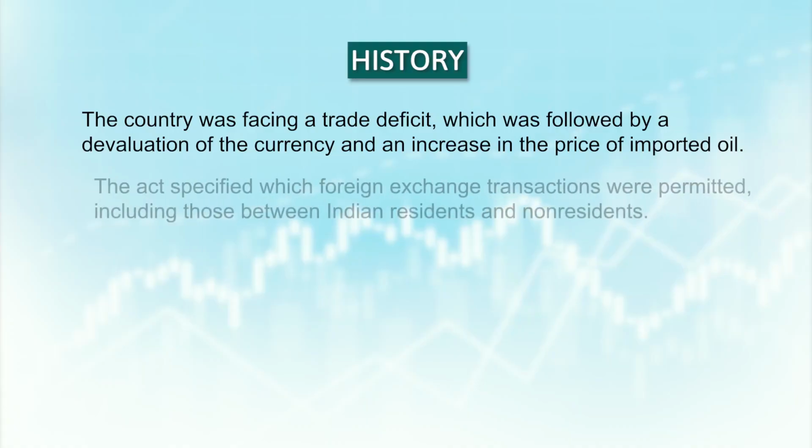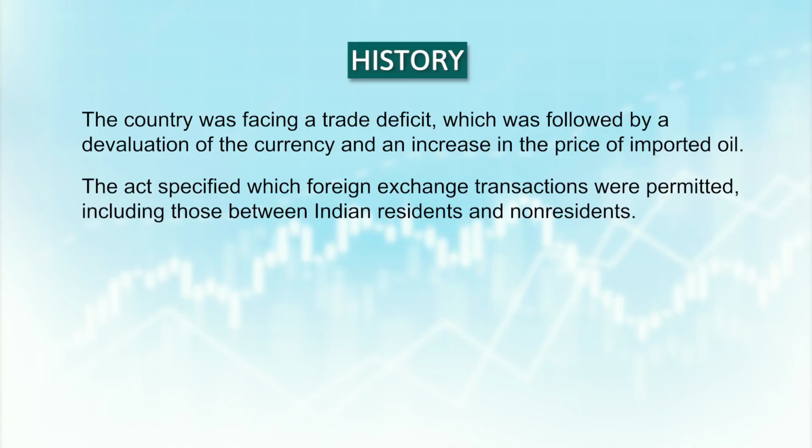So this goes back to the issue of the Act, which specified that foreign exchange transactions were permitted between Indian residents and non-residents. This is to be done in order to conserve the foreign exchange reserves, and to see how we can take care of better management through the acts passed by India after 1991.